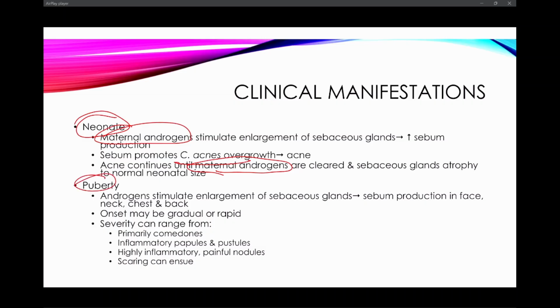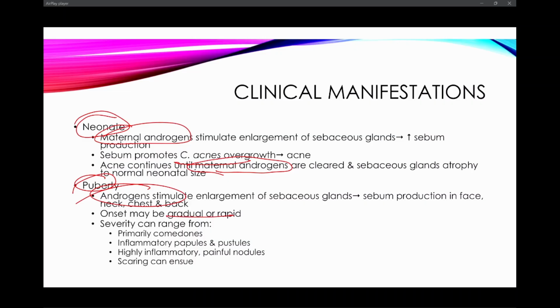Puberty. Androgens again. Because when you're a baby and you're growing up until you hit puberty, you don't need androgens. But now you hit puberty, androgens start skyrocketing, your testosterone, all that stuff, estrogen, hormones go up, so sebum production also starts to rise from the androgens of your own body now, and mainly happens in the face, neck, chest, and back.